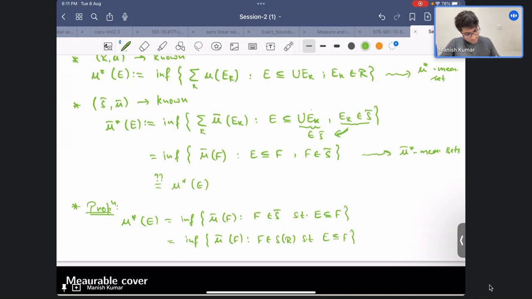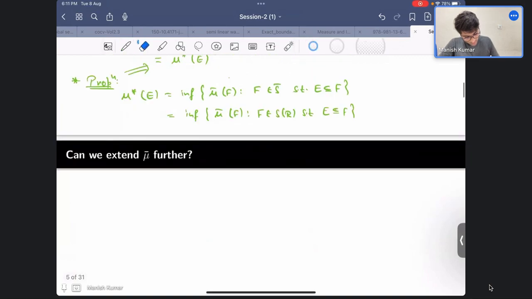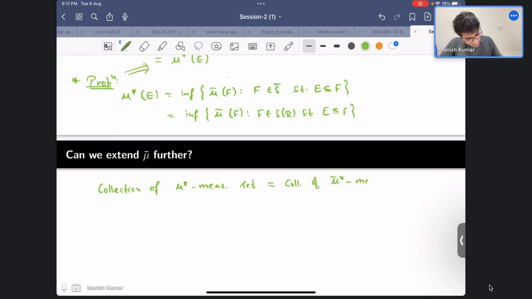So this proposition implies that this will be true. So what you are getting is that the collection of mu star measurable sets is equal to the collection of mu bar star measurable sets, because the definition is exactly the same.